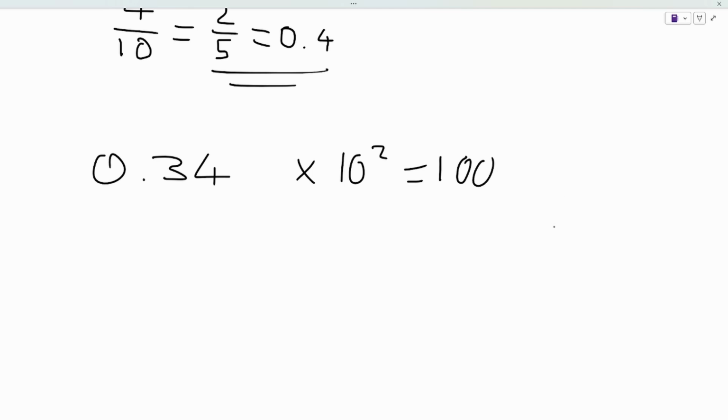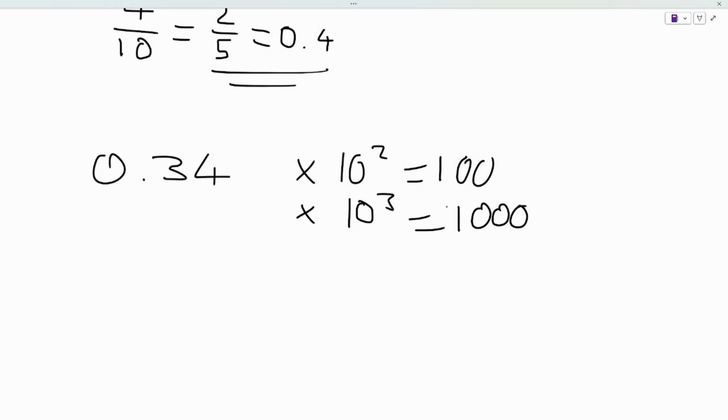Just as a bit of a side note, when we multiply our decimal by 10 or 100 or 1,000 or 10,000, whatever it is, it's easier just to choose the lowest one. So for instance, with this 0.34, we could do 10 to the power of 3, which is 1,000. But it's just a bit overkill, it's not necessary, it just makes things more complicated for no reason.